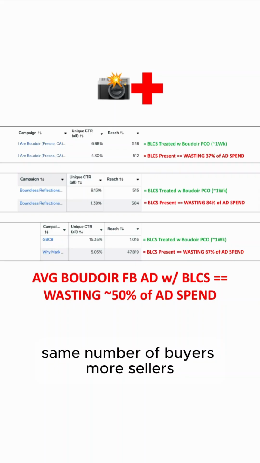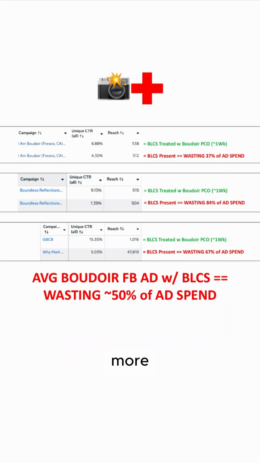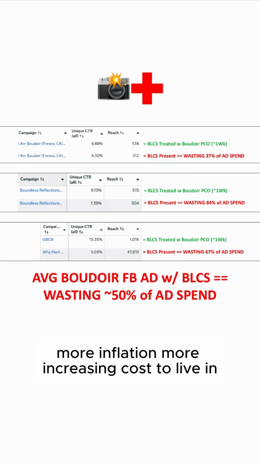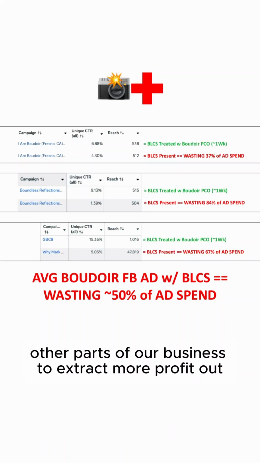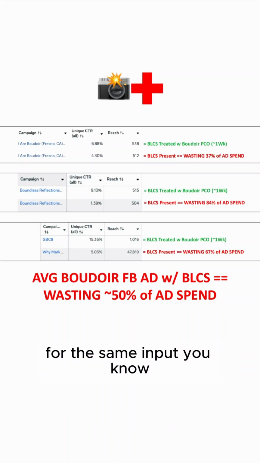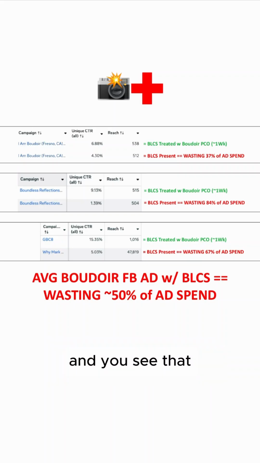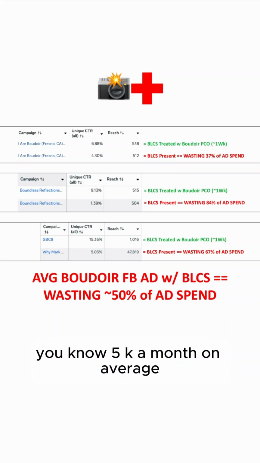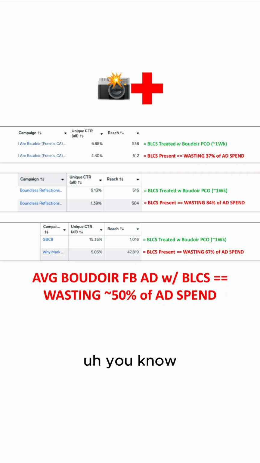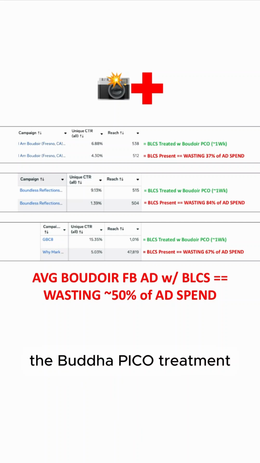Same number of buyers, more sellers, and we're also seeing more inflation, more increasing cost of living, and we've been optimizing other parts of our business to extract more profit out for the same input. And you see that Boudoir Pico could probably save you approximately 5K a month on average, 60K over the next 12 months with the Boudoir Pico treatment.